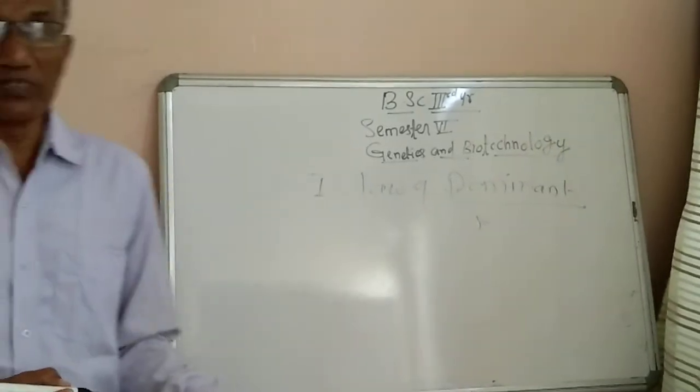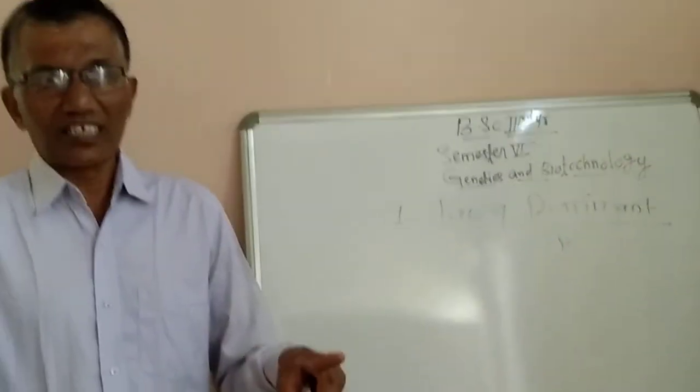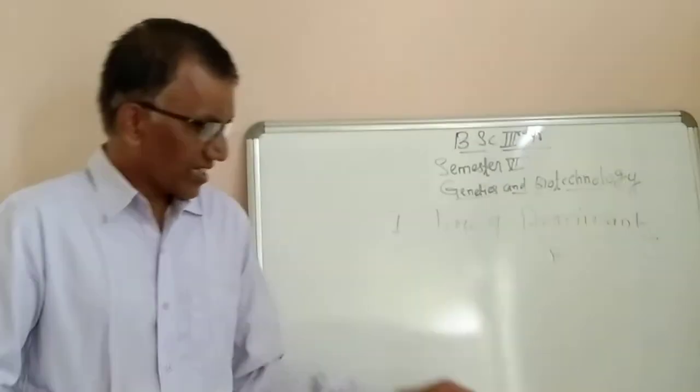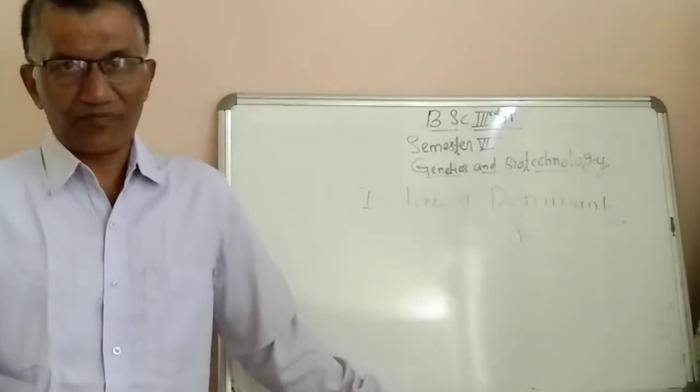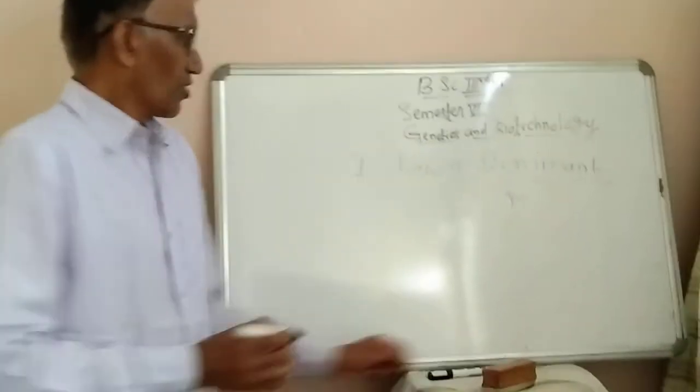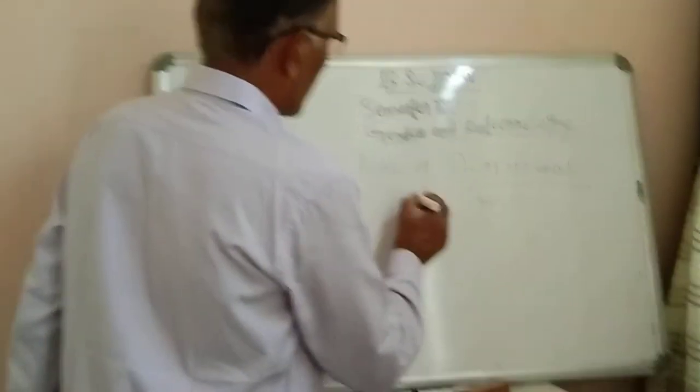To prove the law of dominance, he took a monohybrid cross, meaning tall and dwarf.